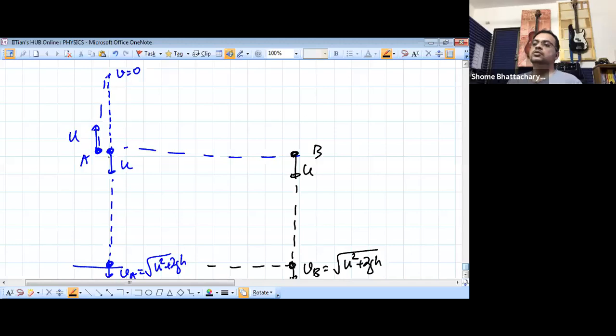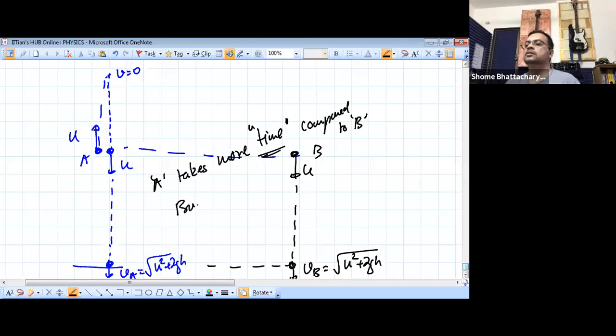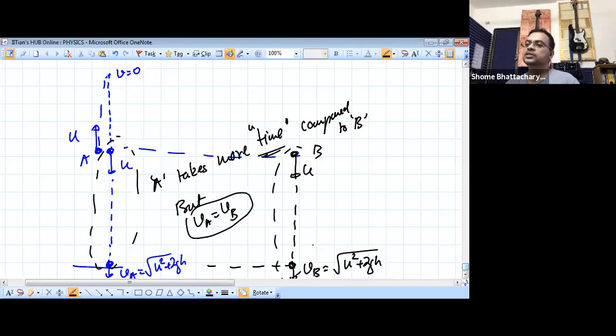That is why you can see that A takes more time compared to B. But VA is equal to VB because A is traveling this extra path going up and coming down. But the second part of A's motion is exactly equal to B's motion. There's no difference at all. So that is why VA is equal to VB.